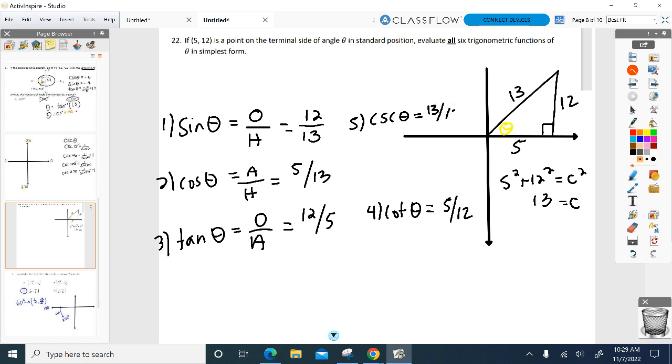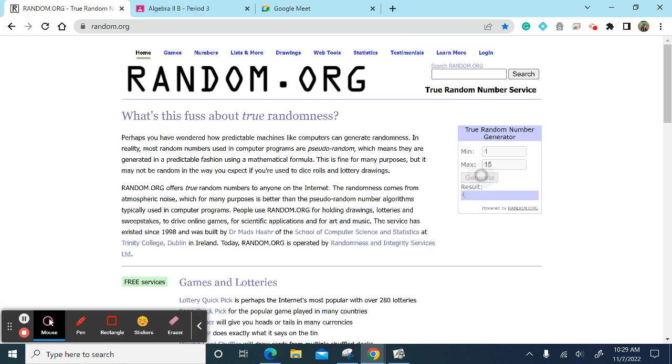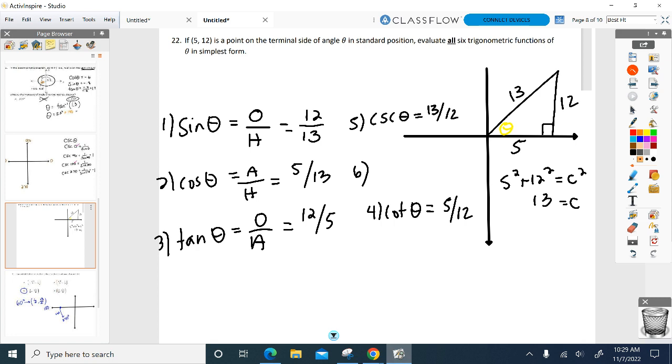Good. And the final one we went over that obviously relates to cosine. 12. Secant. And now that'll be what there? Sorry, 13 over 5. You're fine. 13 over 5.